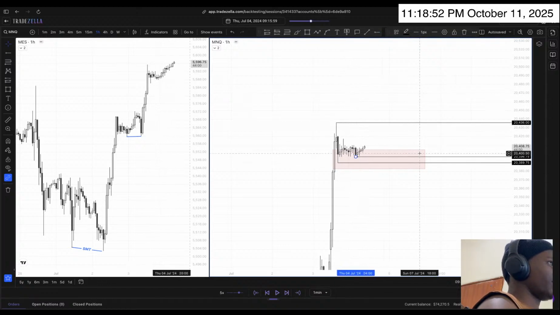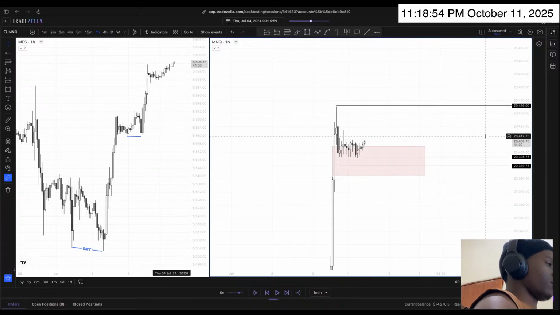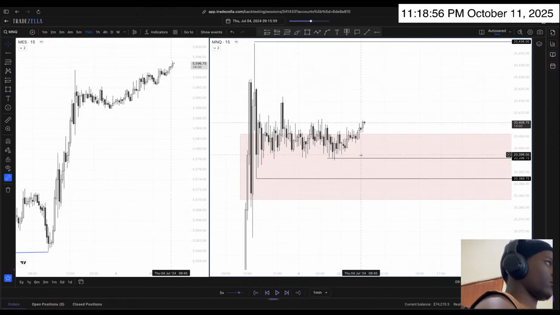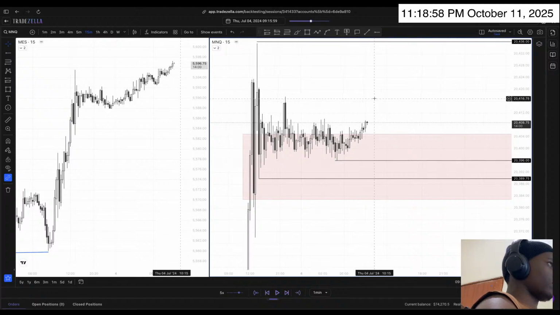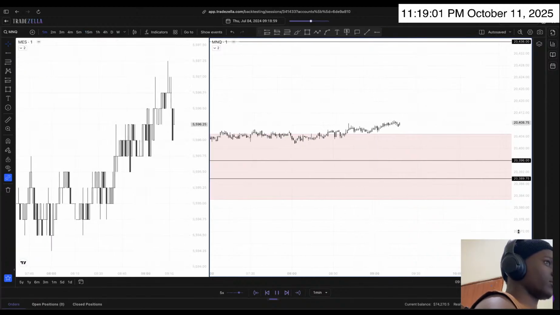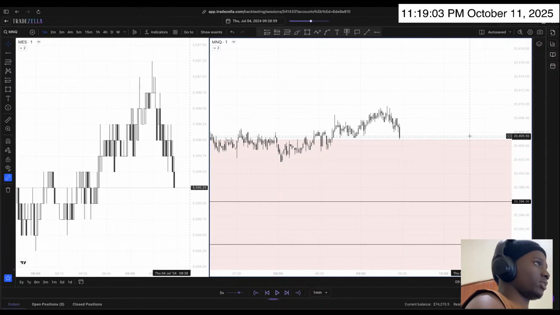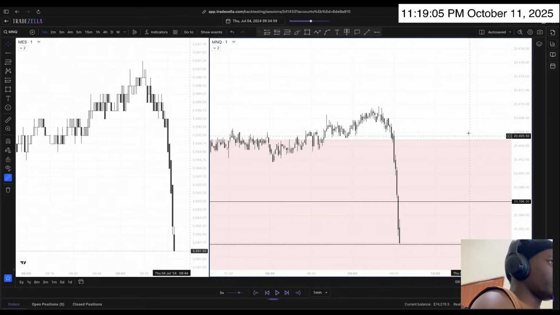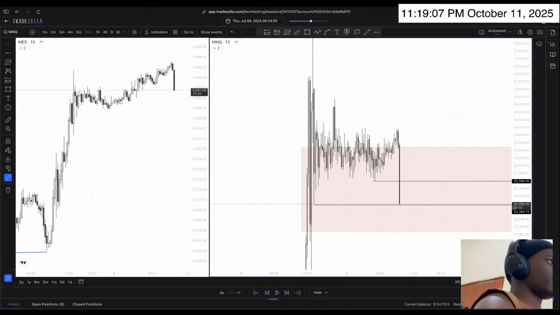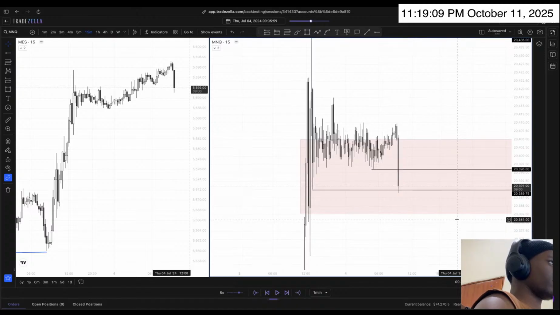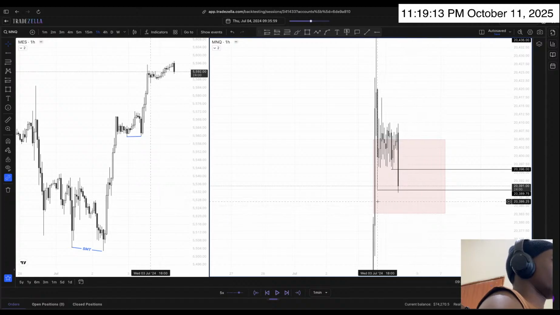No, the highs have already been taken out. Price was extremely slow, and it decided to explode at the open, right? 15. 1 hour. Let's see, we've run this low here.